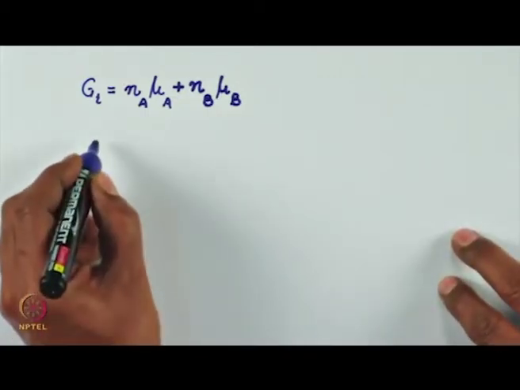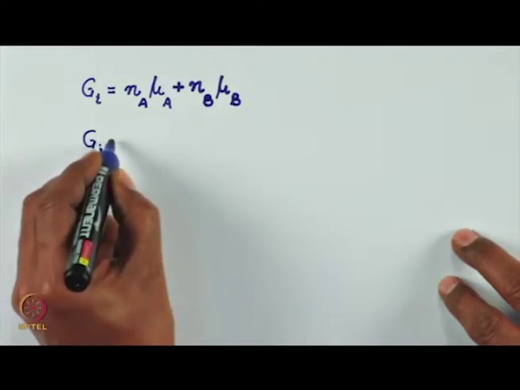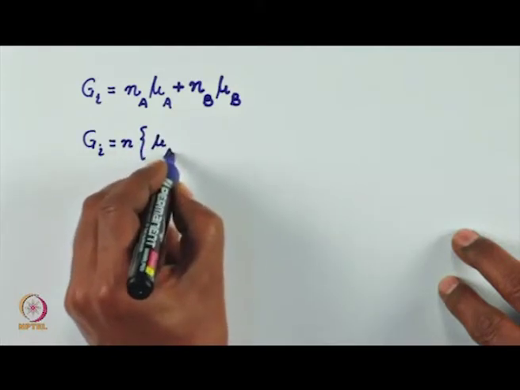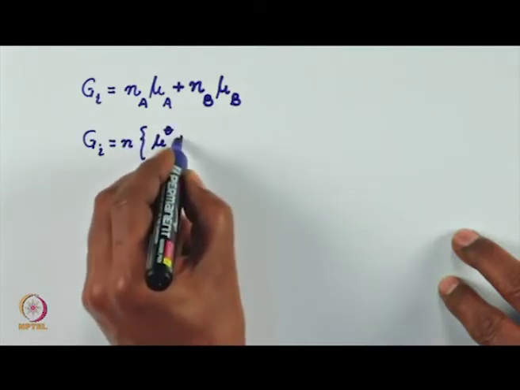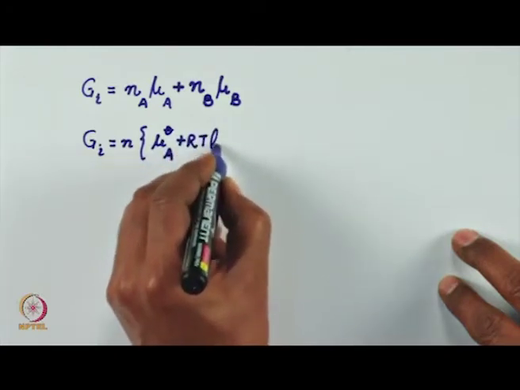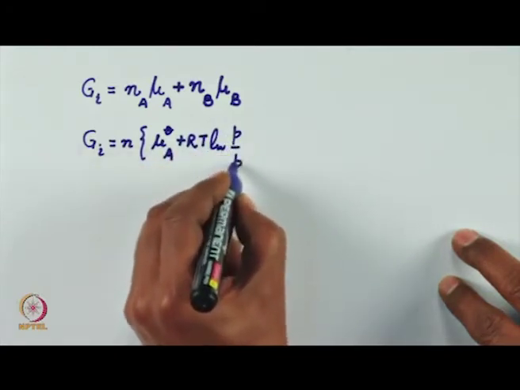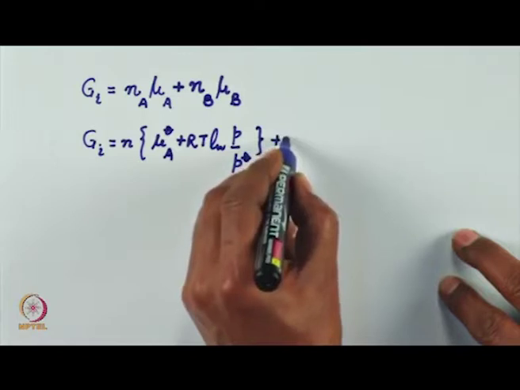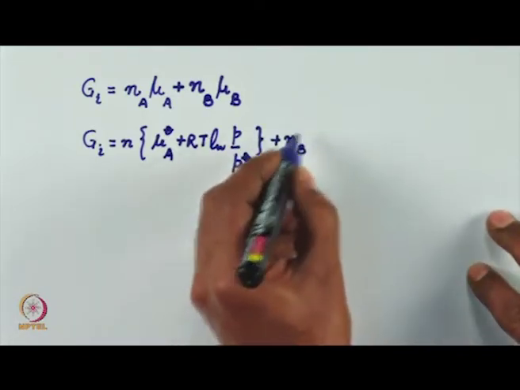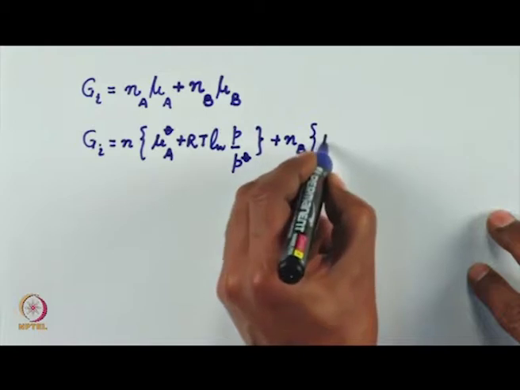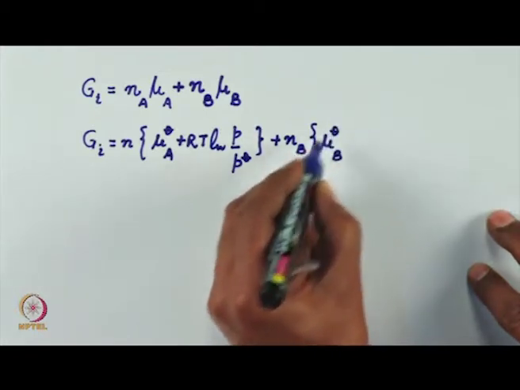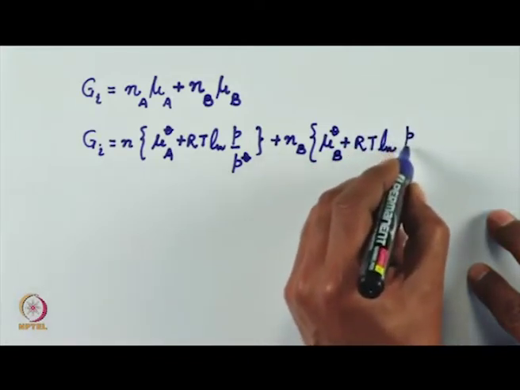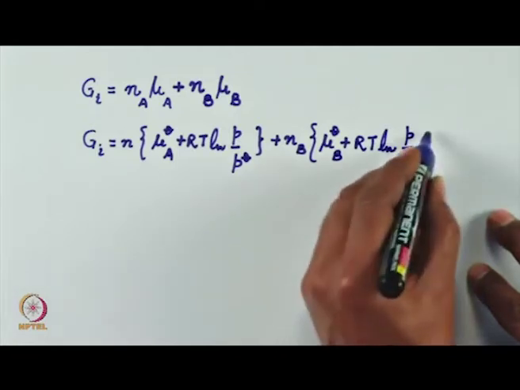So, therefore, for mu A, I can write mu A is equal to mu A naught plus RT log P by P naught, because pressure is P, plus Nb, and inside I can write mu B naught plus RT log P by P naught, pressure is P.